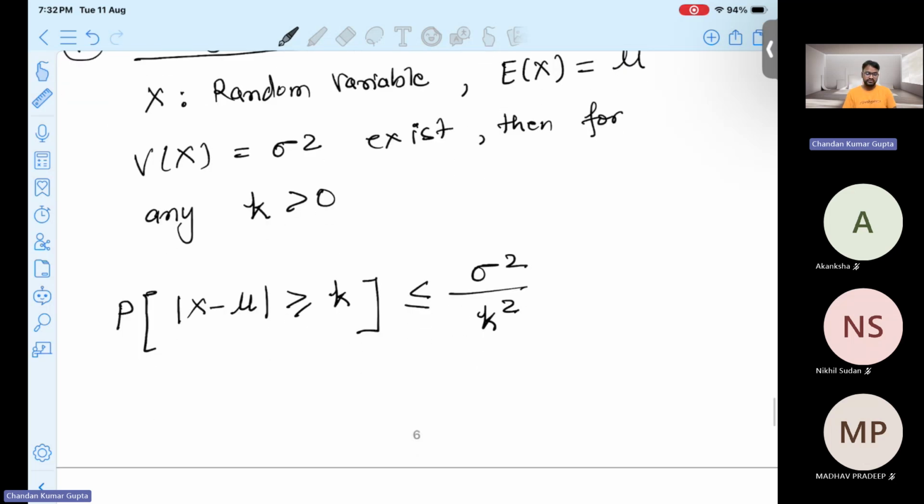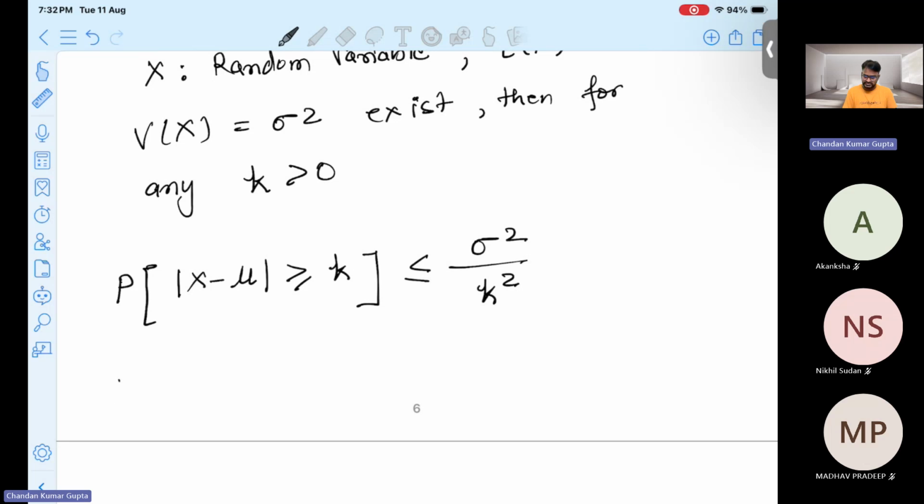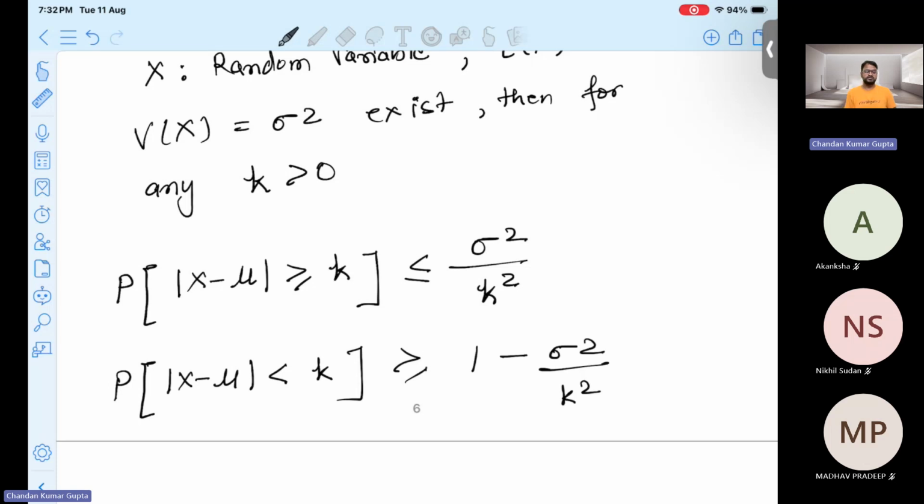We can write it in another form as well. The probability that the modulus value of x minus mu is less than k is greater than or equal to 1 minus sigma square upon k square.